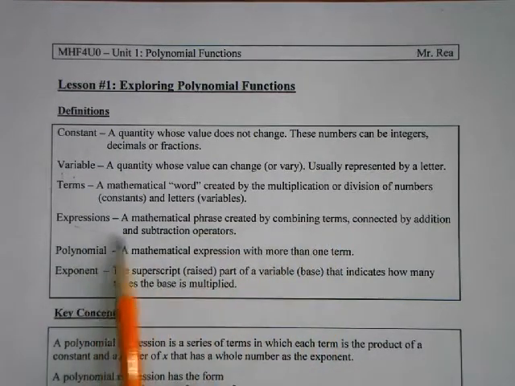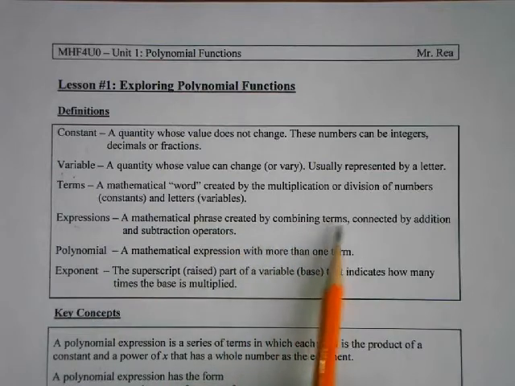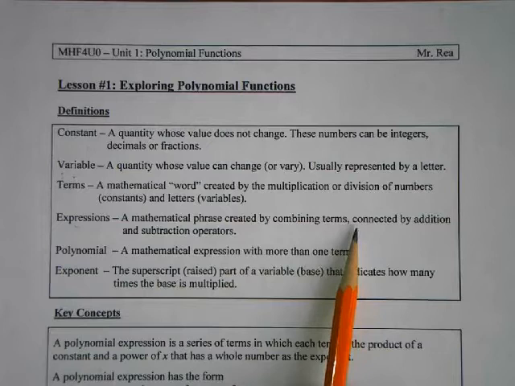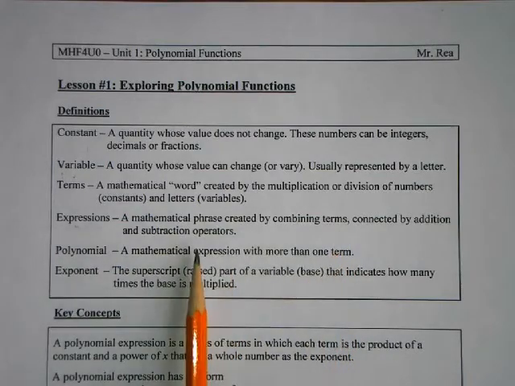It's like a sentence in a language, and the way terms are connected is through a plus or a minus sign. For example, 3x squared minus 2x plus 1 is a mathematical expression with three terms, and you can use the plus and minus signs to separate the terms.